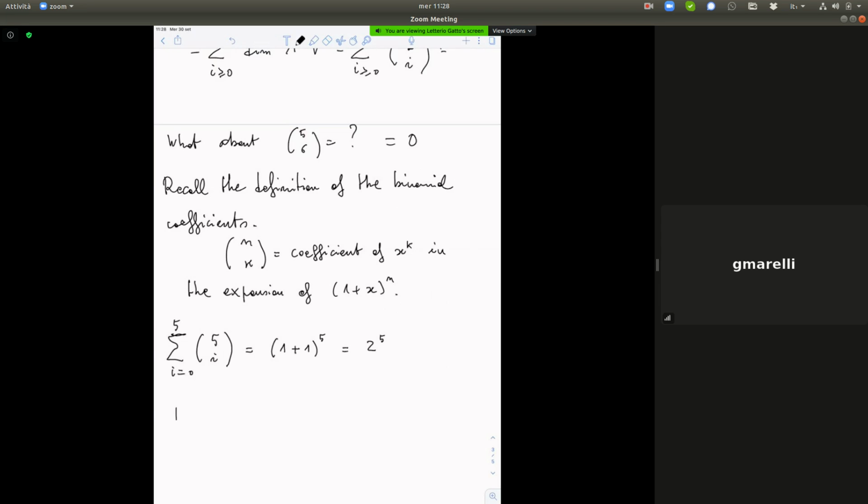Which means that the dimension of wedge V in our case, well, it means that the dimension of wedge V is 2 to the power n if n is equal to the dimension of V. Okay?